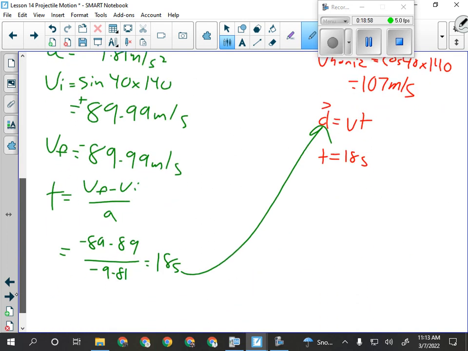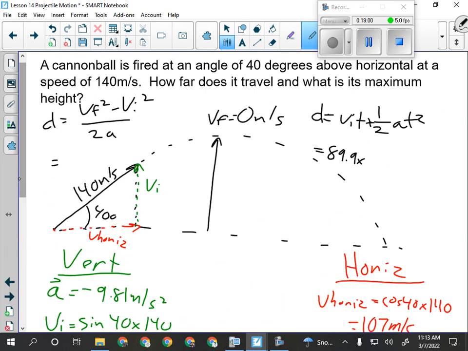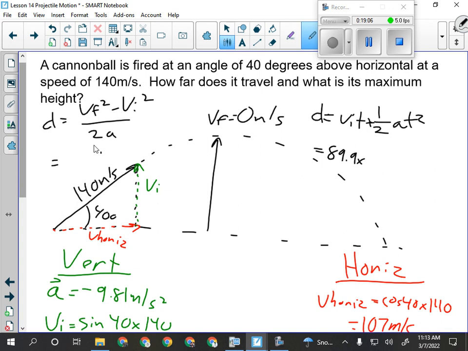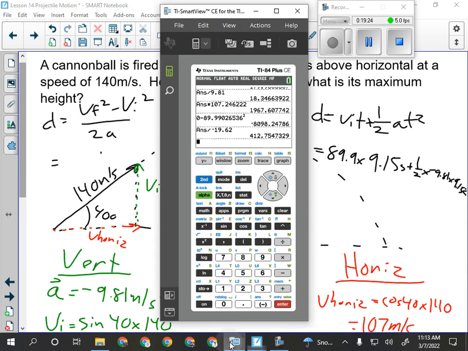It was 18 something, 18 seconds, so is it 9.15, say. I have to remember to divide it by 2. I have to remember to make the 9.81 negative, or this works out really weird. So I'm going to have to figure out what this is divided by 2.